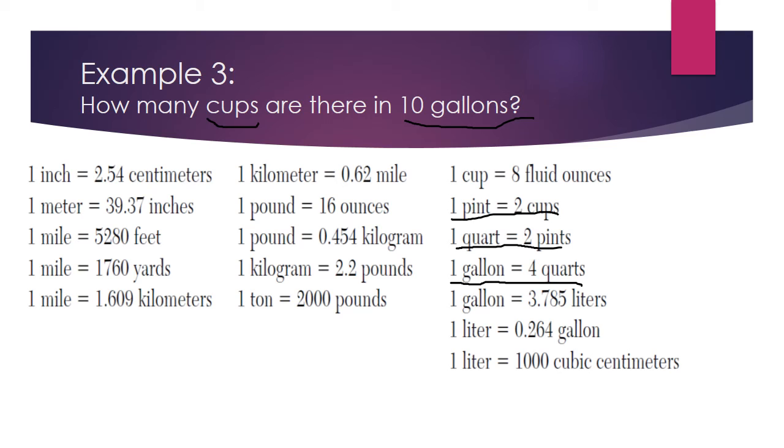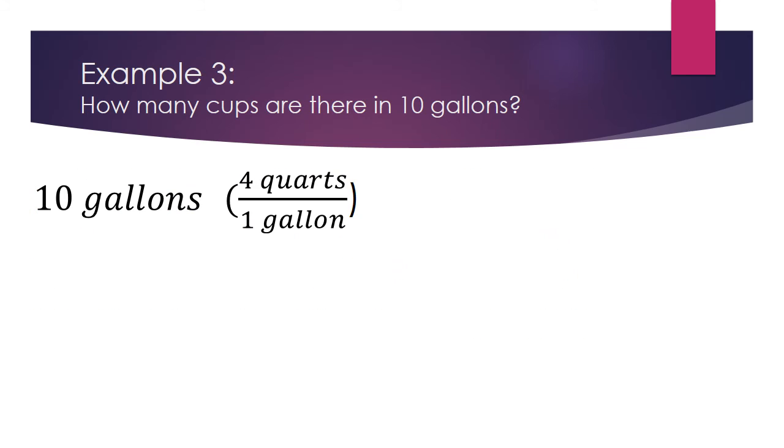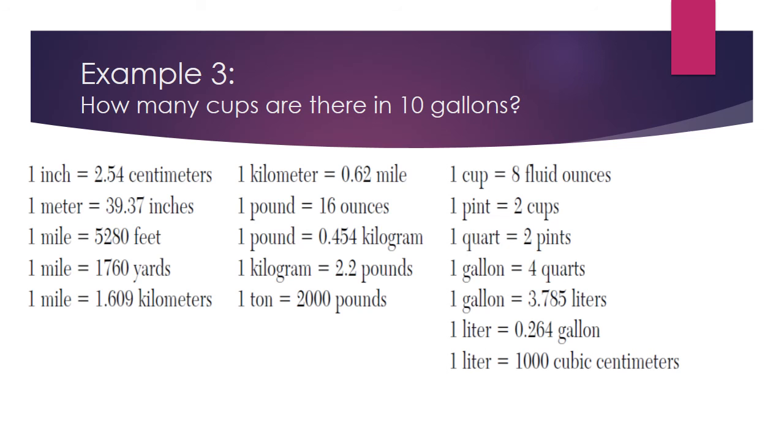So we're going to use these 3 facts to write 3 different conversion ratios. Going back to our problem, the first ratio is going to be 1 gallon, and in the reference sheet we saw that 1 gallon is equal to 4 quarts.